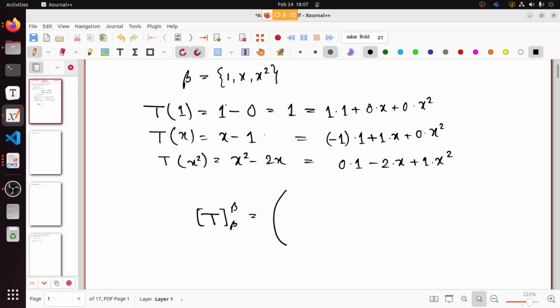So first it will be 1 0 0, then minus 1 1 0, and the next it will be 0 minus 2 1. So this will be the matrix with respect to the basis beta, beta.